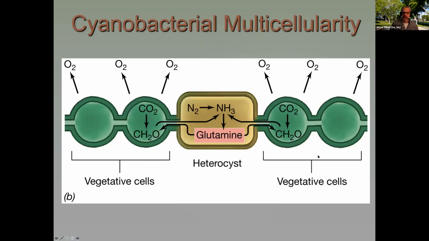Okay. And then the nitrogen needs to be distributed to the so-called vegetative cells here, okay? And so that's usually in the form of glutamine. So the NH3 gets converted to glutamine, moved over, and then glutamine is readily incorporated into other amino acids or many different kinds of compounds.